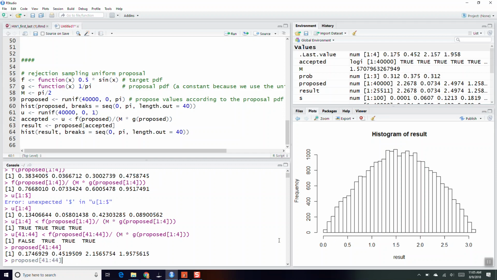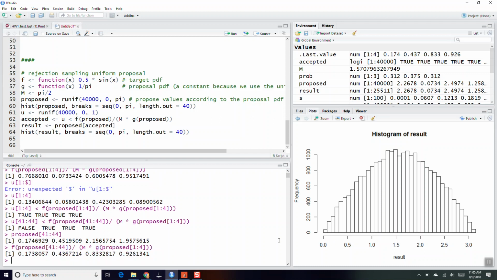And then when we asked, what's the ratio between the PDF and the proposal, okay, it's something much smaller.